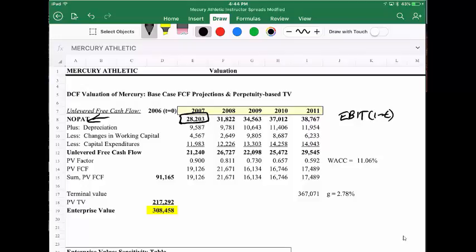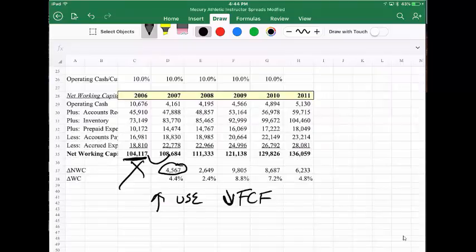We then add depreciation because it's a non-cash expense that was included in NOPAT, or it was deducted as part of getting to NOPAT. Subtract out the change in net working capital, which again we got from this sheet here by calculating accounts receivable plus inventory minus payables.